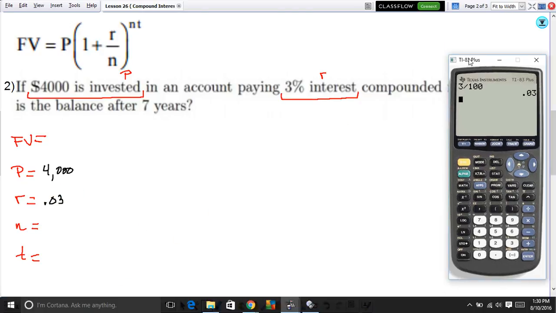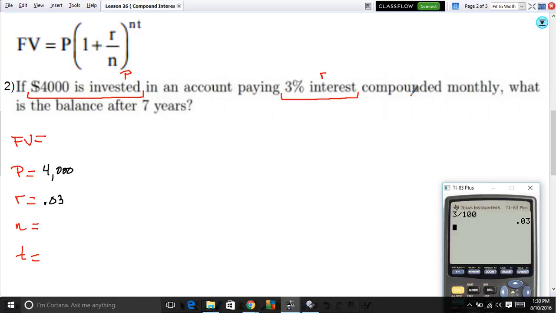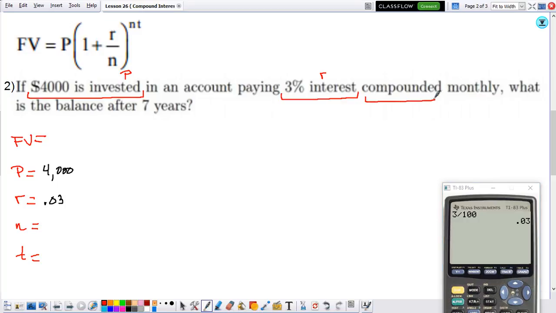Now we continue reading. Here it says that it's compounded monthly. If it's compounded monthly, the whole idea of N is how many times does the event happen per year. So if it's compounded monthly, you know that there's 12 months in a year.